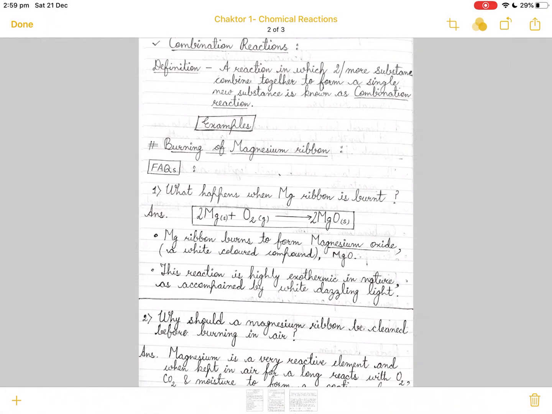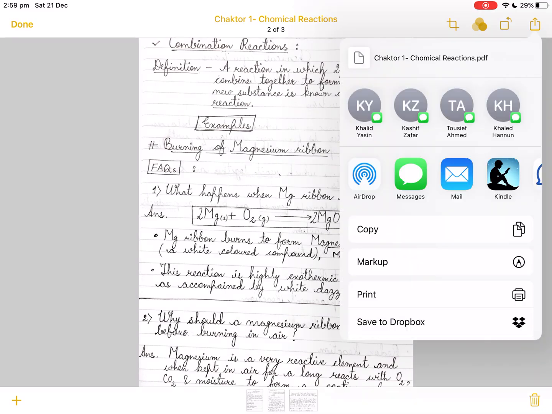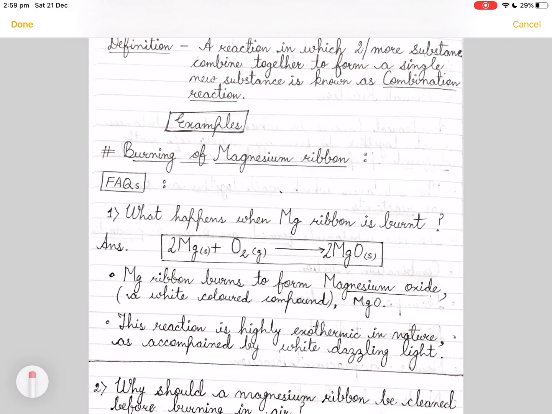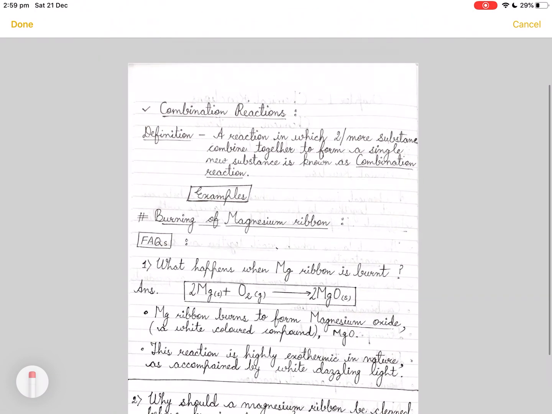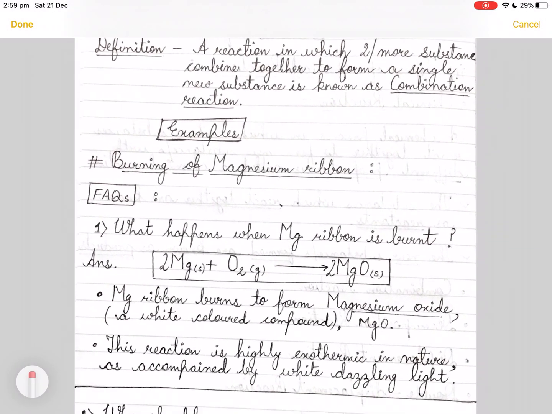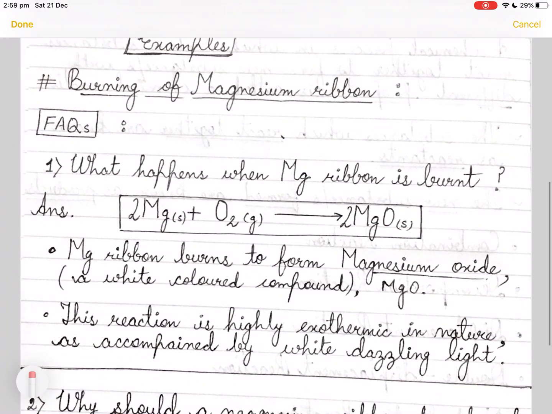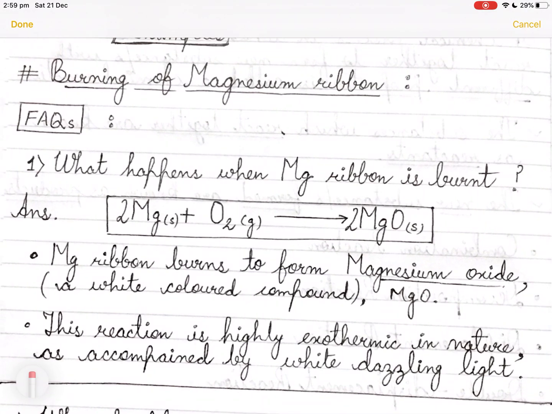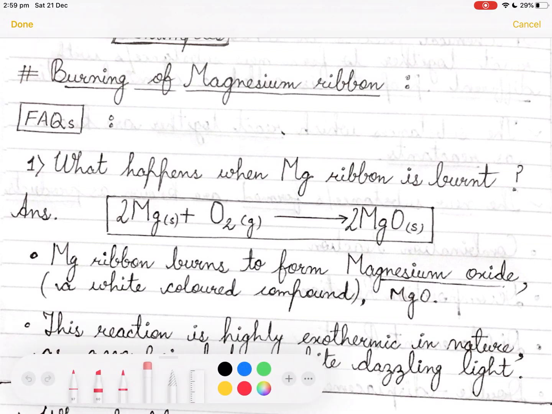So magnesium ribbon, basically in your syllabus you have the burning of magnesium ribbon. So what happens when magnesium ribbon is burnt? Here we have a very important question. Yes, so that's the setting for you. The first question is, what happens when magnesium ribbon is burnt?